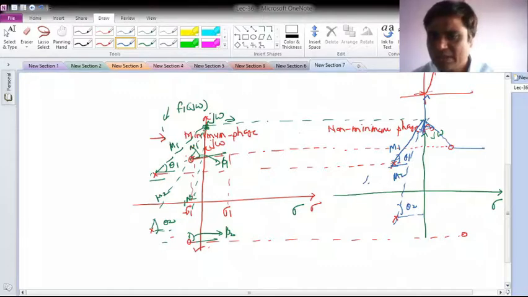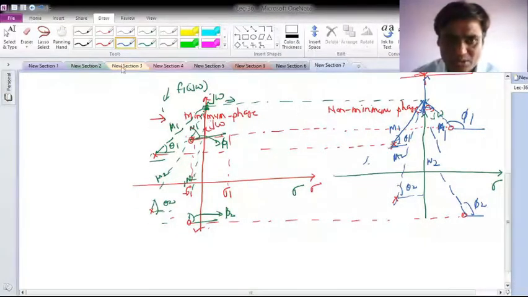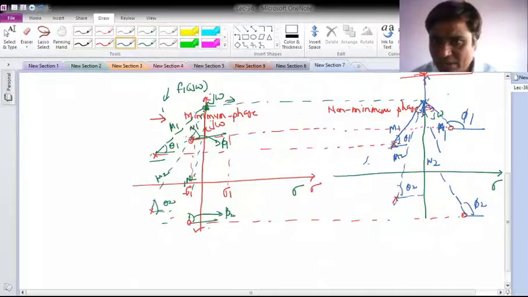And what is the angle with the real axis? It will be phi 1. Similarly for this also, with phi 2 and some magnitude, it is n1 and it is n2. Okay, so this is my f2 of j omega.